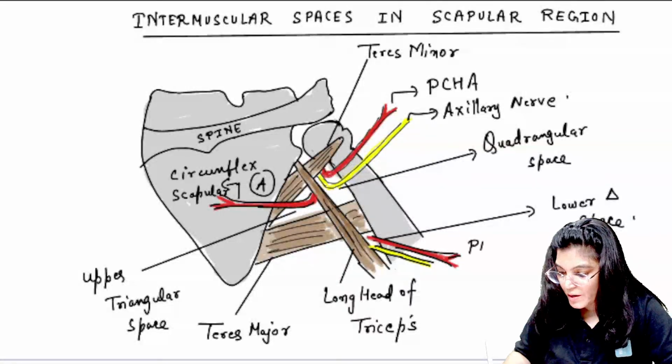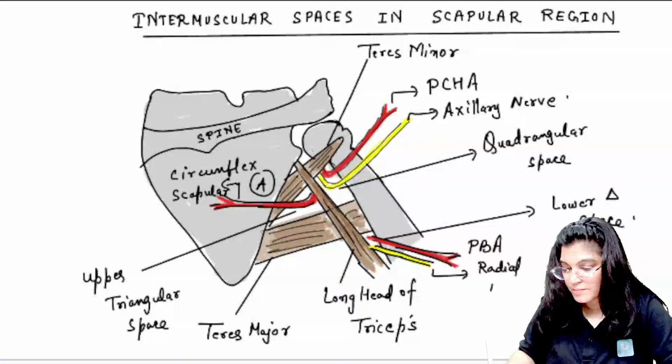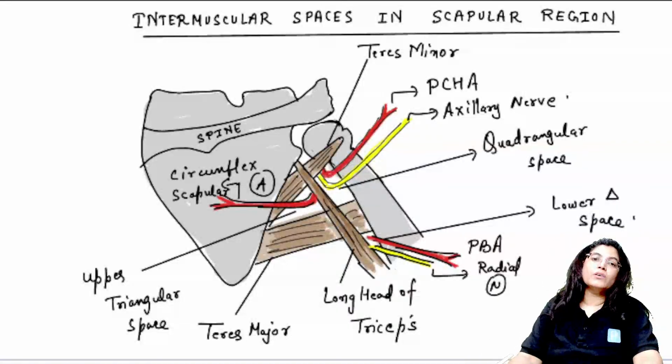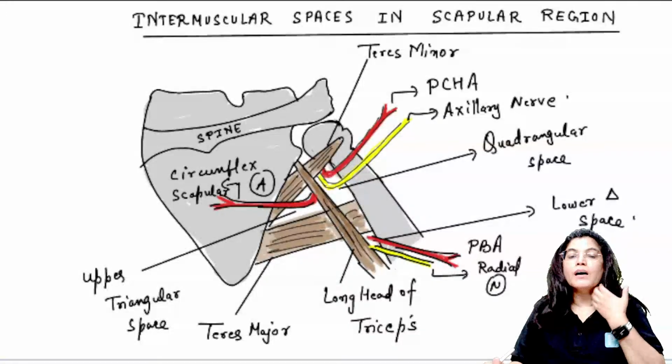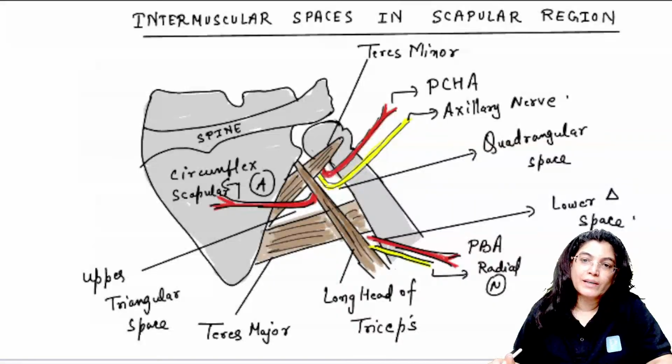The artery is profunda brachii artery and the nerve is radial nerve. Okay, so this is the diagram showing the boundaries and the contents of the quadrangular, upper and lower triangular spaces.